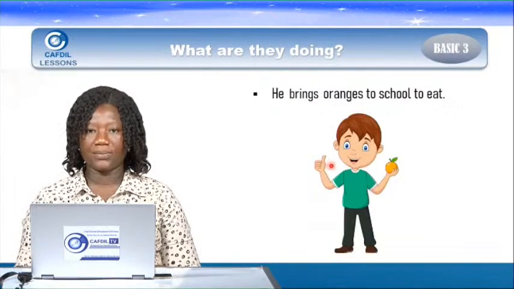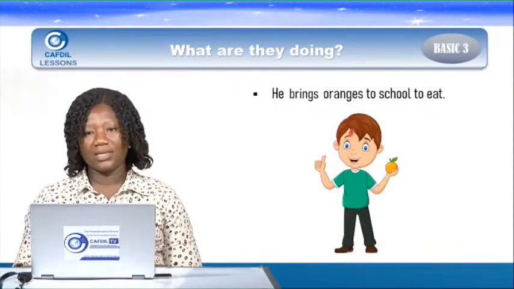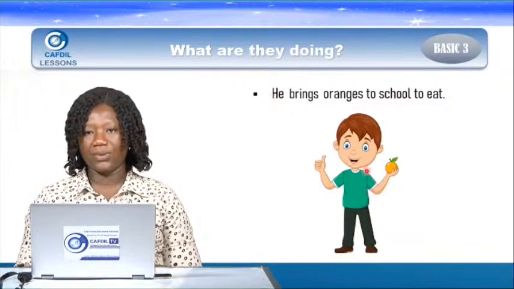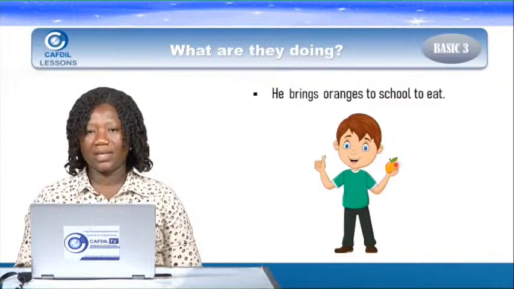What do you see? Is the person a boy or a girl? Good. This is a boy, but we don't want to say a boy. Okay? So in our sentence, we will use he. And what is he doing? What action is he performing?